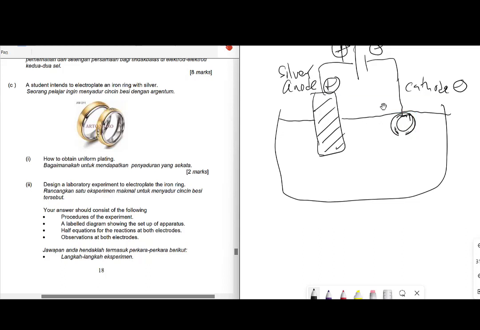Now you have seen what should be on your positive or negative electrode. But how about the electrolyte? The electrolyte must contain something similar to the metal used here. The positive ions must be the same. So you can just say you use silver.